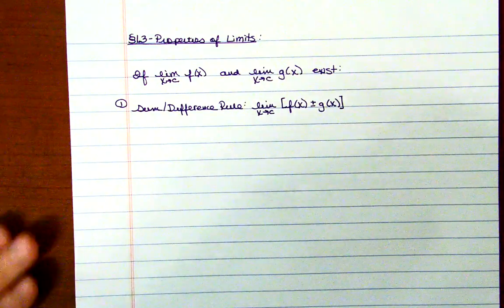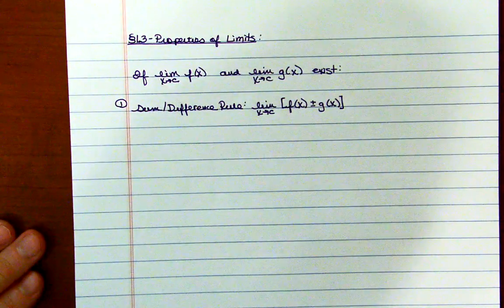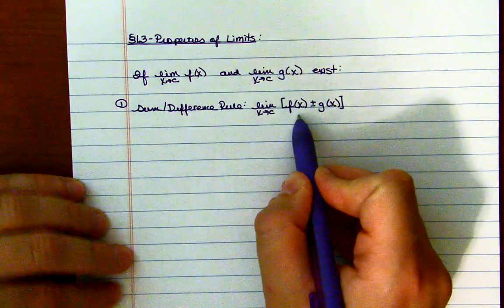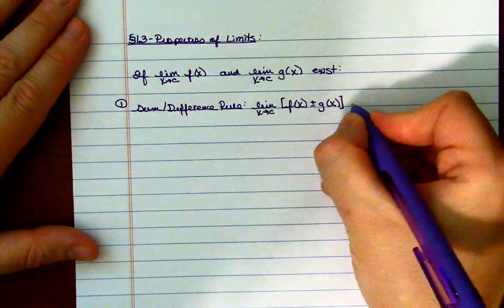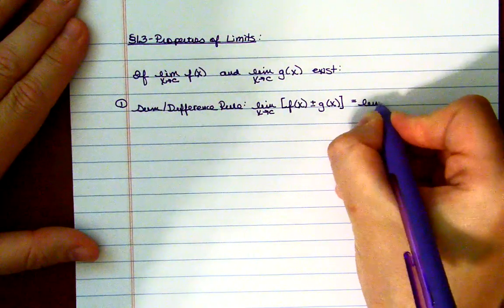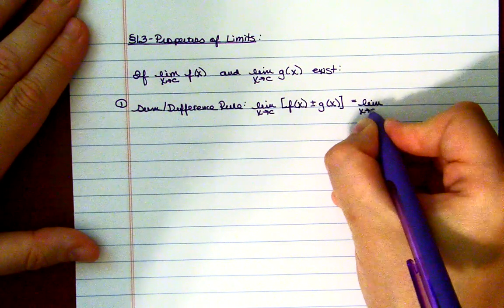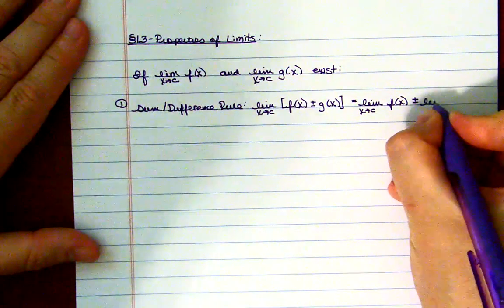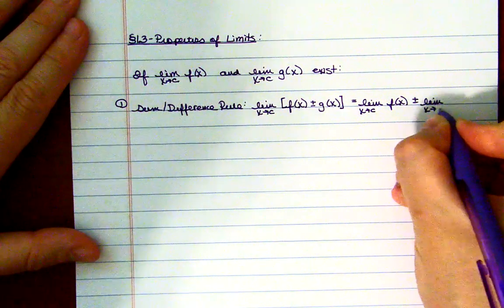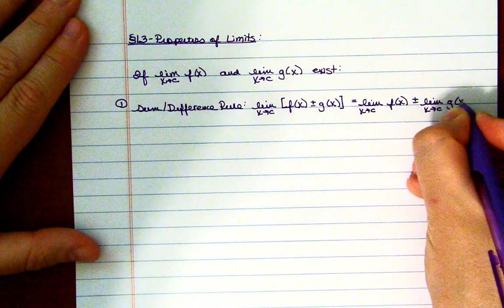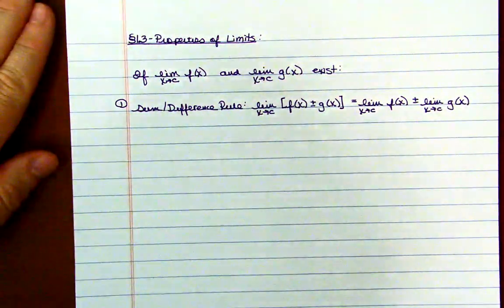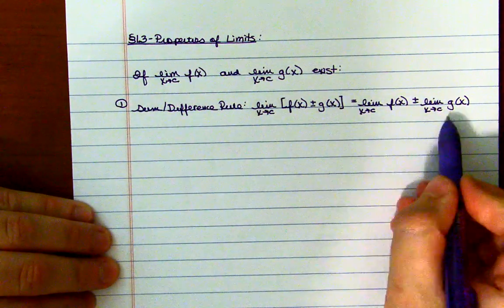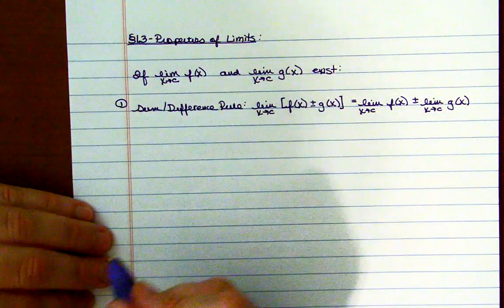If I want to add or subtract 2 things inside a limit, well, really all I have to do is the limit as x approaches c of the first thing, plus or minus the limit as x approaches c of the second thing. This is going to equal the limit as x approaches c of f of x, plus or minus the limit as x approaches c of g of x. If I have a sum or a difference inside my limit, I can separate this into 2 different limits that I'm adding or subtracting.